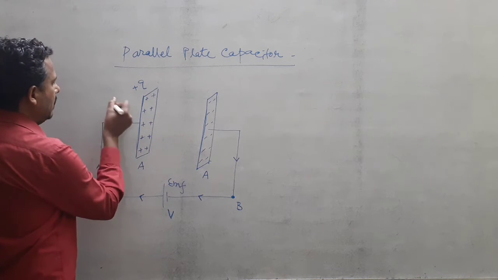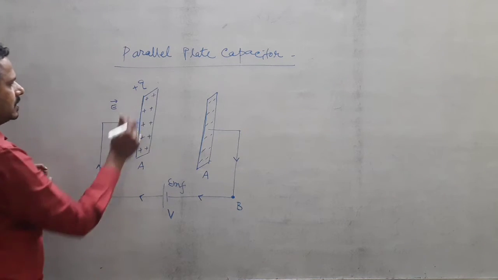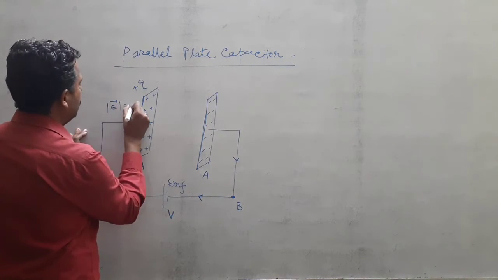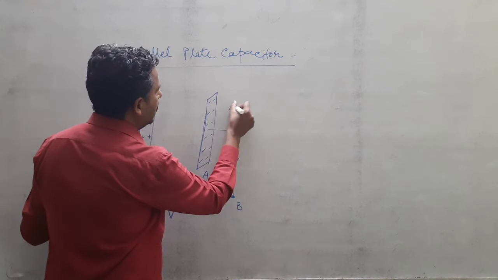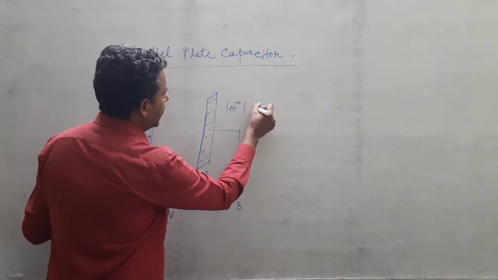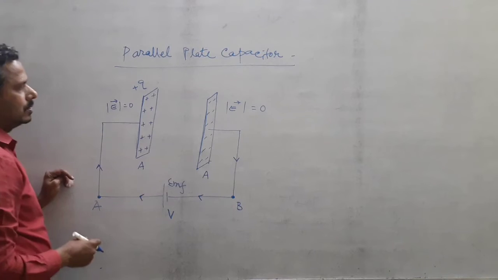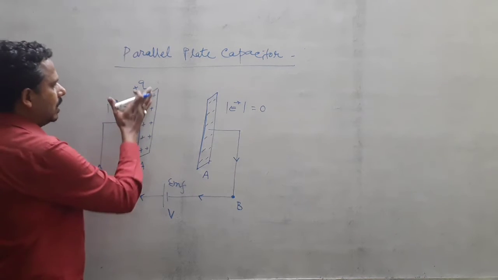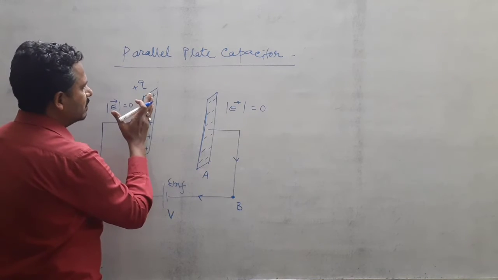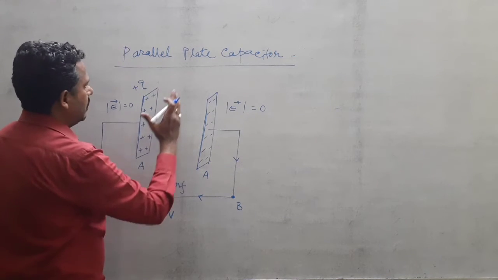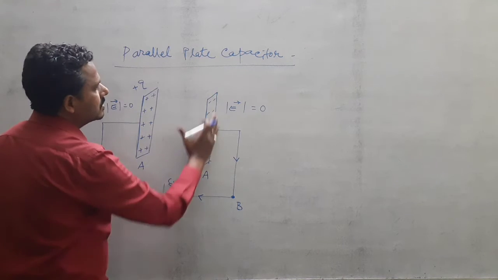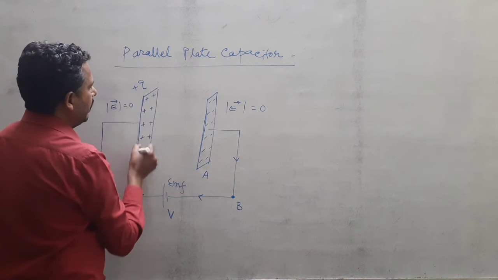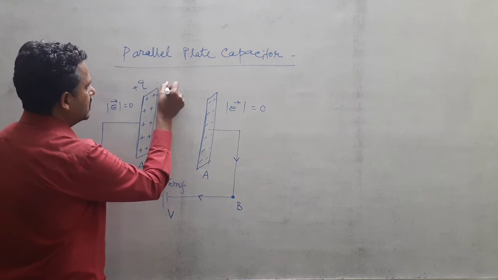So what happens? The electric field on the left side of this parallel plate capacitor has zero magnitude. Similarly, its magnitude on the right side of this plate is also zero. So what you have is an electric field on the right face of this plate A and on the left side of the second plate. The electric field emerges perpendicular to the plane of this surface like that.